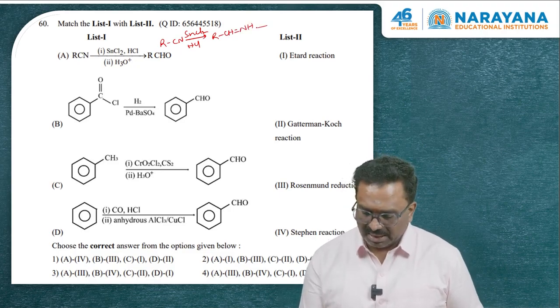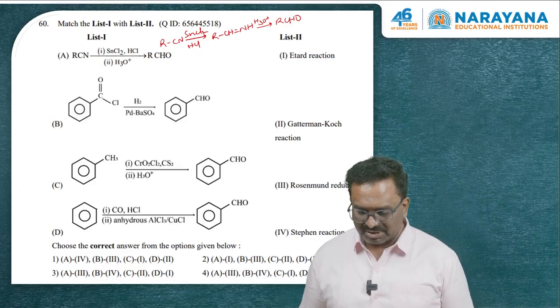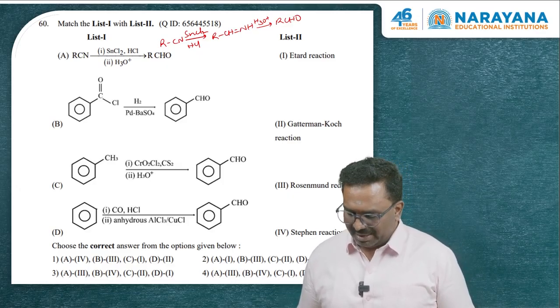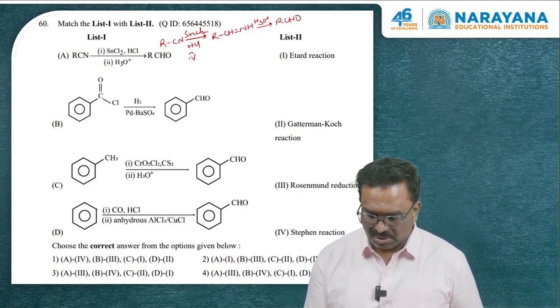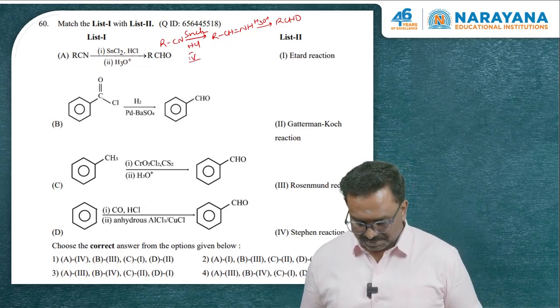Imines further undergo hydrolysis into aldehydes. This conversion of cyanides into aldehydes through an imine intermediate is Stephen's reduction. So A is related to the Stephen's reduction.